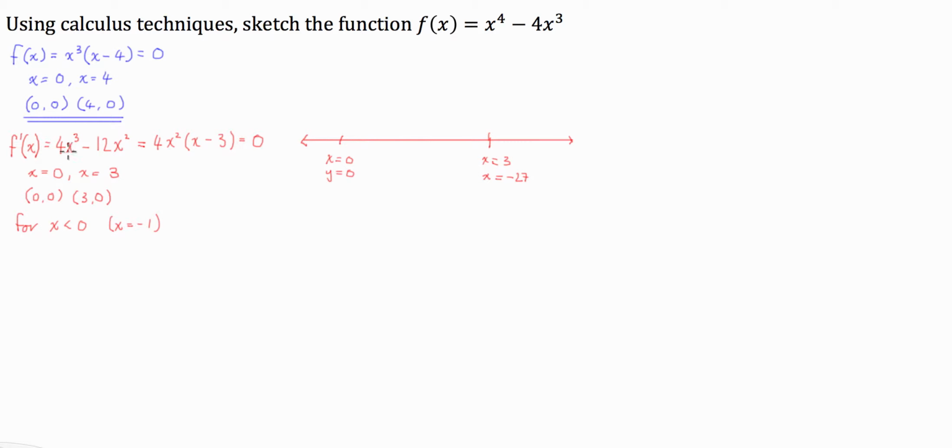If we sub -1 in here, -1 cubed is still -1, times 4 is -4, minus, now -1 squared is +1, times 12 is +12, so minus 12. So we've got -4 minus 12 is -16. So what we know then is that the first derivative is going to be less than 0. So we know behind this point we've got a negative first derivative.